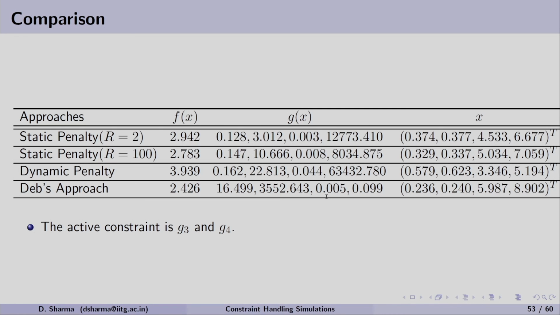As we can see, none of them is negative, all of them are positive. So, all constraints are satisfied. So, the solution which we get in the last column is a feasible solution. Since Deb's approach gave us the optimal solution for the given problem, we found that constraint 3 and constraint 4 are the active constraints for the given problem.